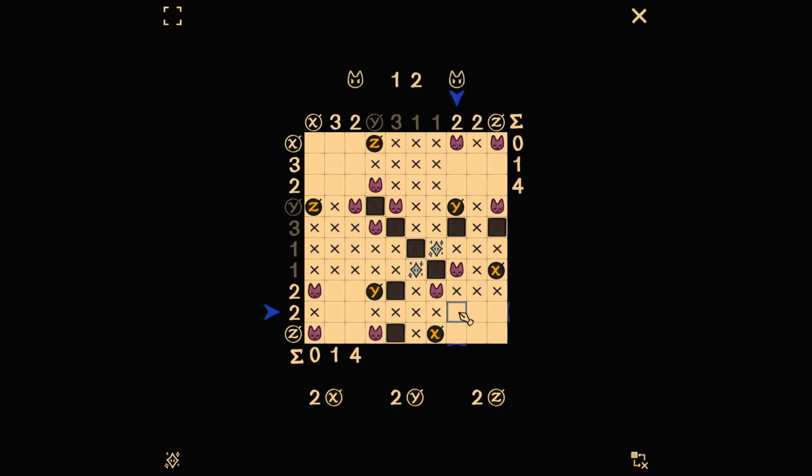Doesn't that make this unsolvable then? Yeah, that makes this unsolvable.